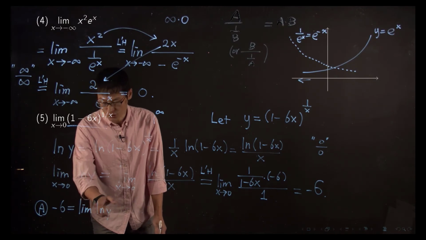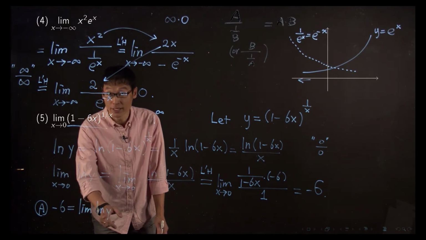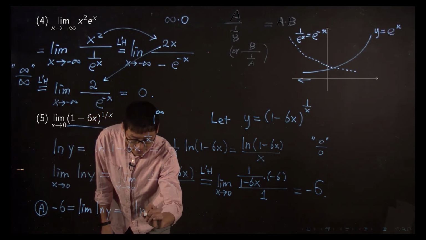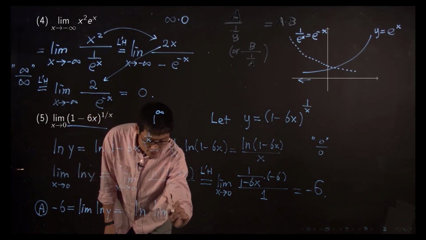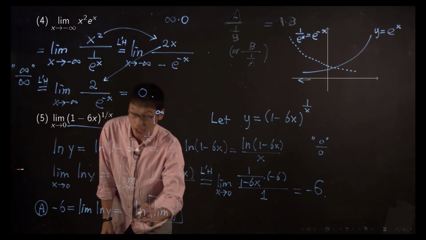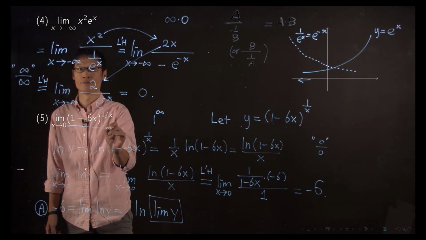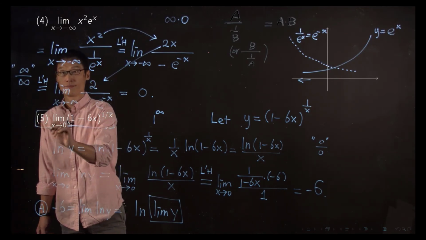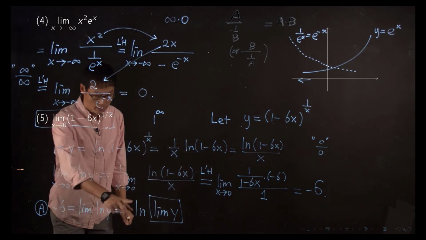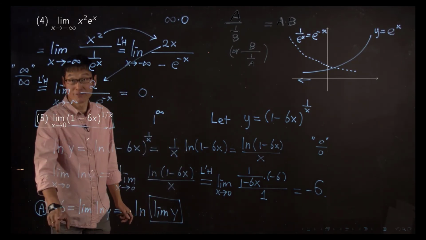Now that ln is a continuous function, you can take the limit and then ln. Actually, this limit of y is what we are after, right? But we know this must be negative 6.